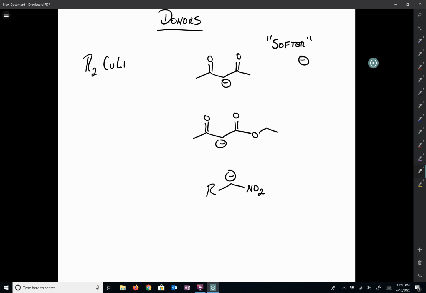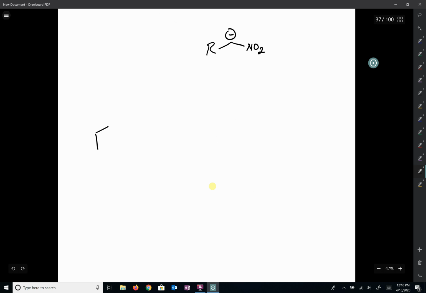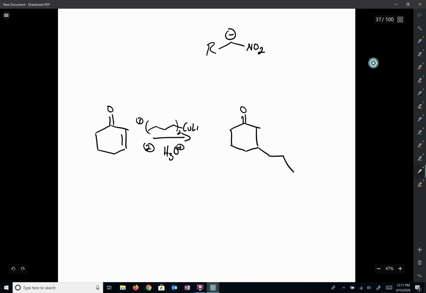But if we bring those two together, then we can start to clip together the donor and the acceptor, and they're going to add at the 4 position. So whenever you guys see an alpha beta unsaturated ketone, we know that we can add, we will add to the 4 position.